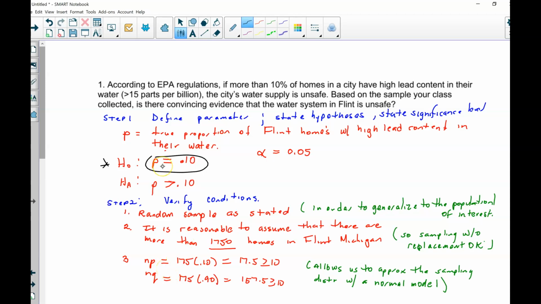If you use p hat, you would be absolutely incorrect and lose points. We notice that both counts are greater than or equal to 10. Because we met that condition, it allows us to approximate the sampling distribution with a normal model.